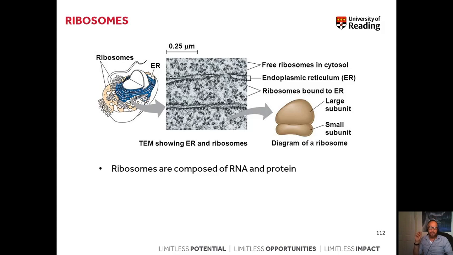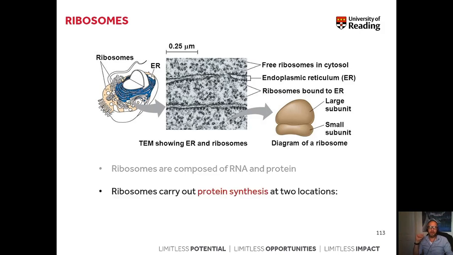Ribosomes are composed of RNA and protein, and usually there are two subunits. We have the small subunit and the large subunit of the ribosome. Both of them play slightly different roles during protein biosynthesis, but we'll be talking about this later on.